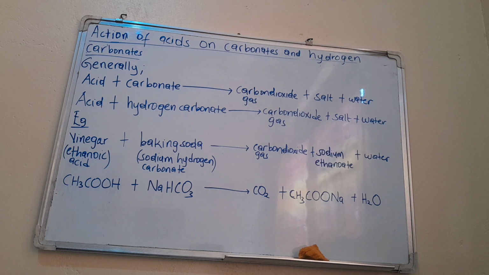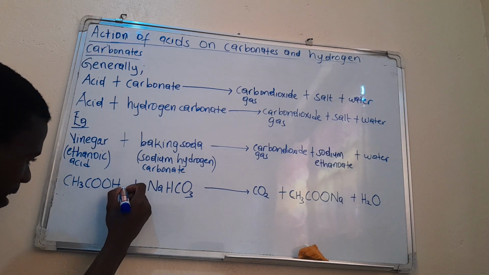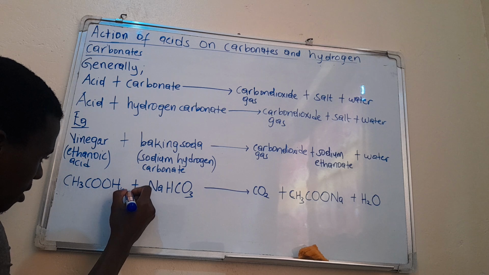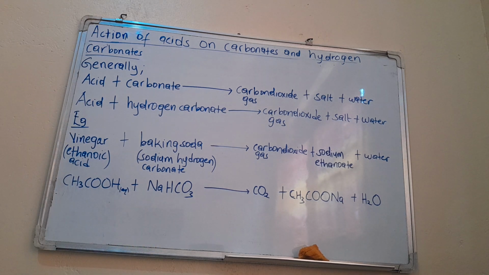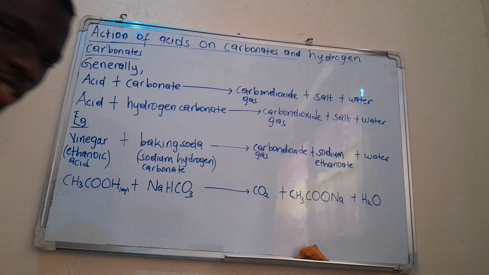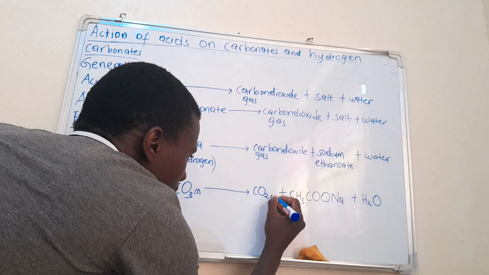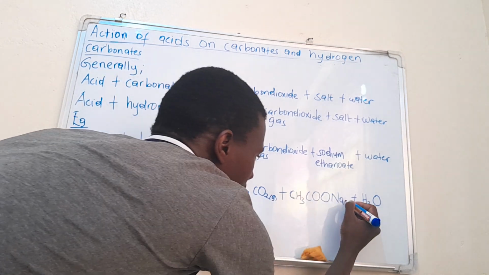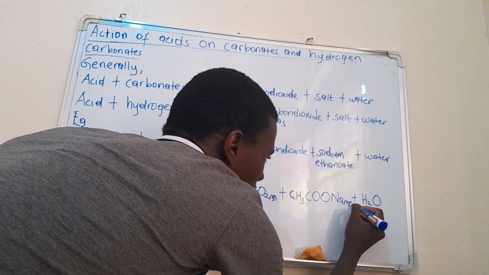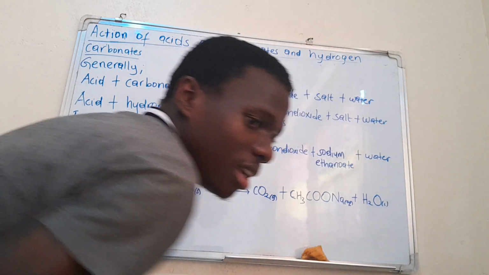So balance the equation. This is an acid, aqueous. This is sodium hydrogen carbonate, which can be an aqueous solution or a solid. So let's use solid. Then this is a gas, this is also aqueous, and this is liquid.